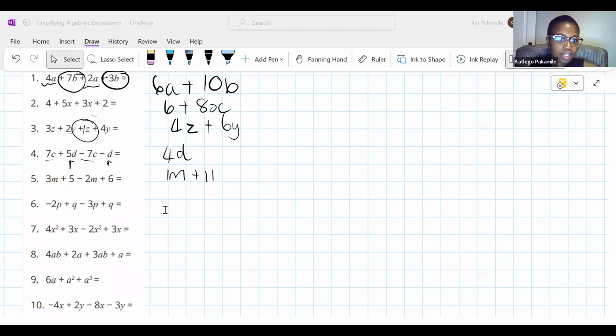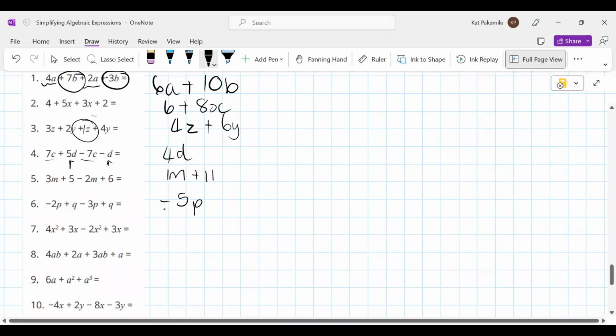Yes, ma'am. So, ma'am, we're going to take negative 2p plus negative 3p, which is negative 5p. Ma'am, am I right? Yes, you are. And then, ma'am, we're going to say 1 plus 1, which is 2q. Beautiful. That is correct.